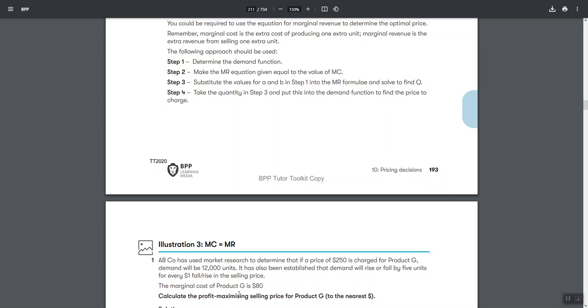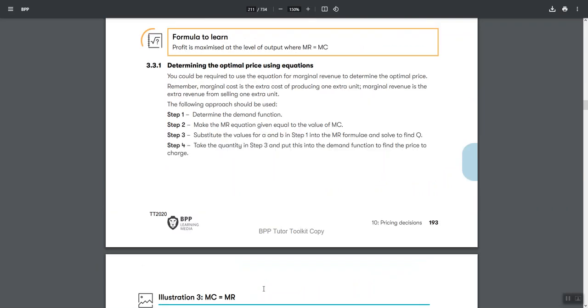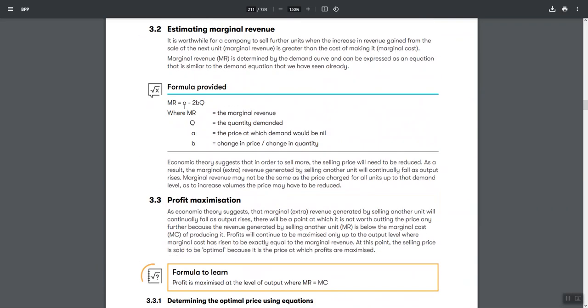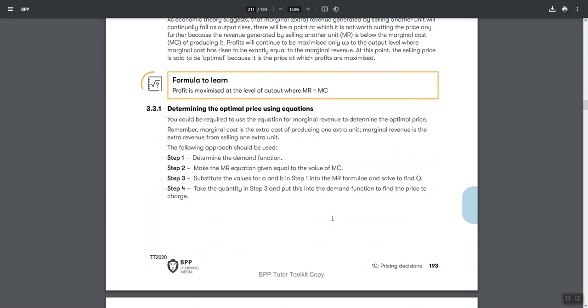The marginal cost of the product is 80. So using this formula, which is basically the same formula, just 2 is added here, and we will use marginal revenue or marginal cost here. So if marginal revenue is given or marginal cost is given, you can add it here because they're going to be the same. So let's answer this question.